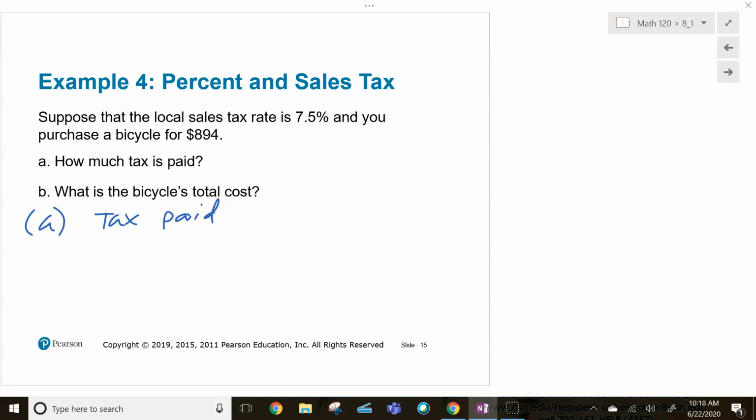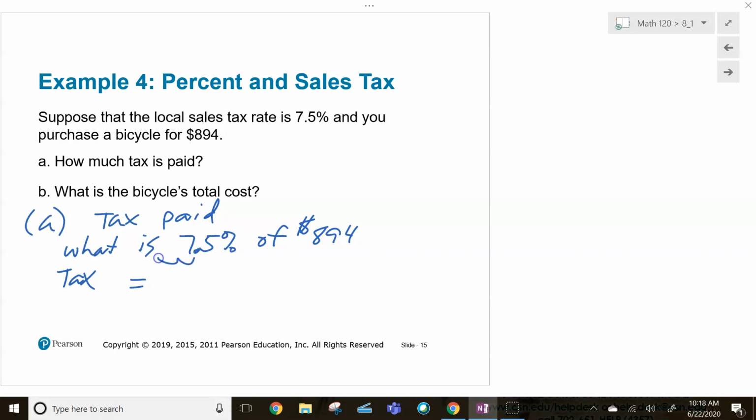Well, what you want to know is what is 7.5% of $894, because we have to pay the sales tax. So the tax paid equals 7.5%. Now, when you're working with percents mathematically, you don't leave them as a percent. You have to convert that to a decimal.